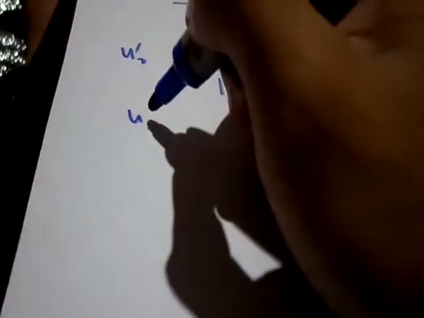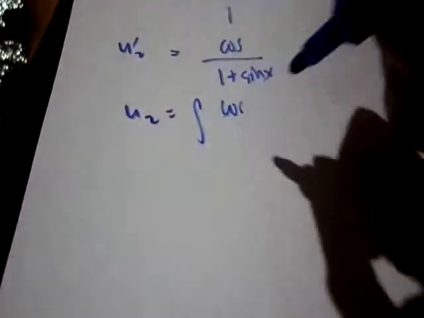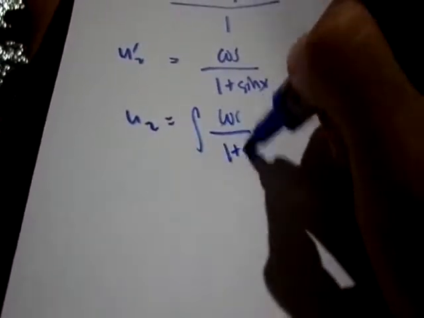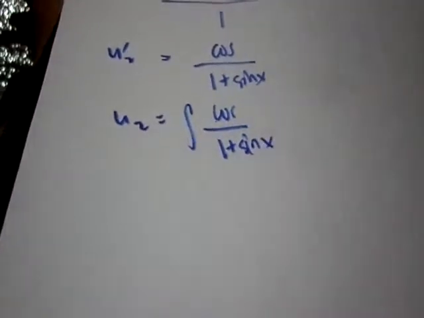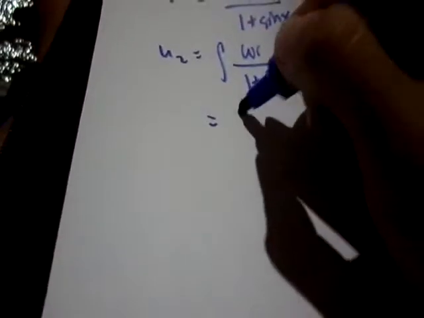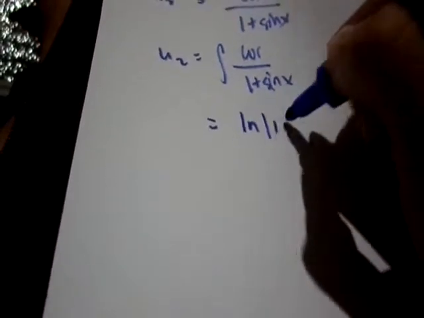So u2 is equal to the antiderivative of cosine x over 1 plus sine x, which is equal to the ln of 1 plus sine x.